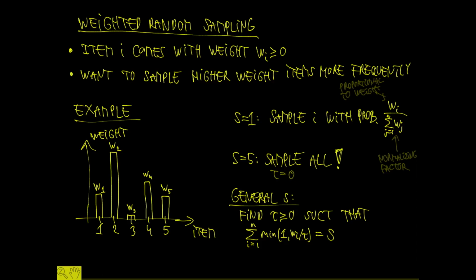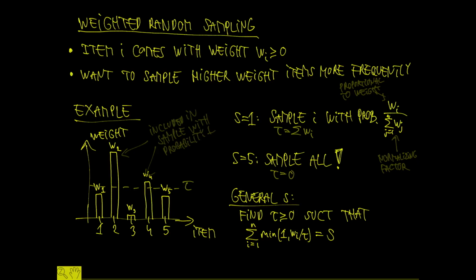The minimum will always be 1. And in the case where we sample just a single item, it corresponds to tau equal to the sum of all weights.